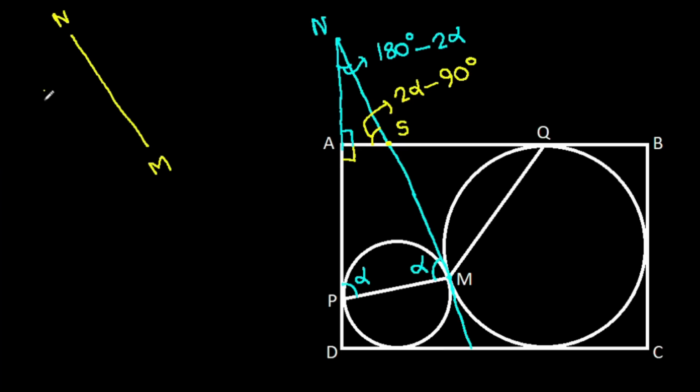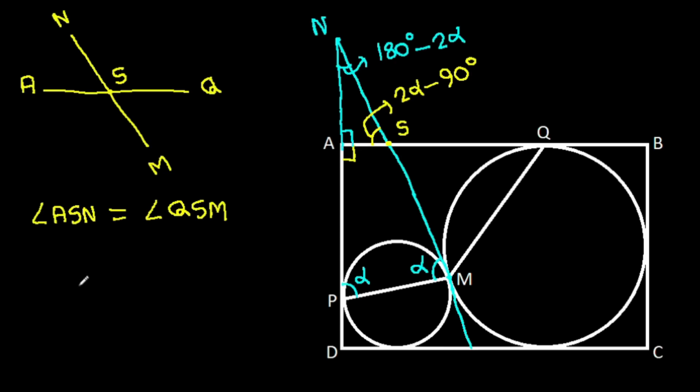and now NM and AQ is intersecting at S. So angle ASN, it will be equal to angle QSM, that will be opposite angles, and this angle is 2 alpha minus 90 degrees.